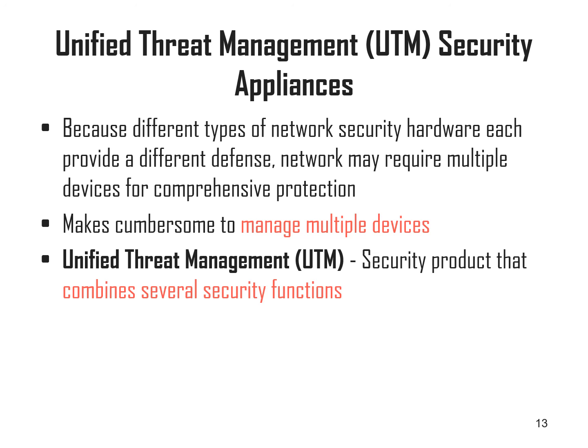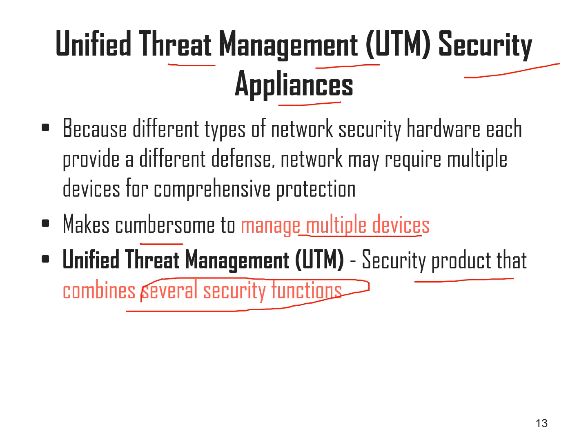These systems or methods have been working separately, each doing its own activities. Unified threat management, UTM security appliances, make it less cumbersome to manage multiple devices; it is a security product that combines several security functions. So it has all the functions, right? So far we have studied them.